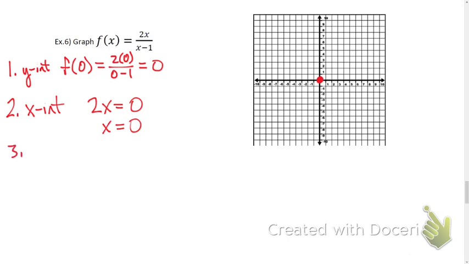Step 3 is vertical asymptotes. And we did that earlier in this handout. So you set the denominator equal to 0, and you solve. So we get 1. You make a dotted line vertically through 1.